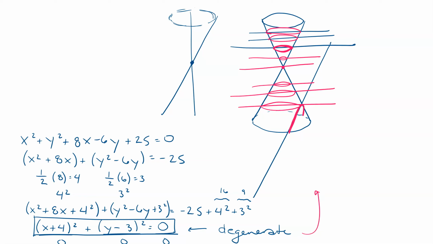When you have the squared terms of a circle equaling 0, you have a degenerate circle, and all you sketch is the center point, the opposite. You would sketch only -4, 3. Your graph would look like this. 1, 2, 3, 4, 1, 2, 3, right there. It's a degenerate circle. You sketch only the point.